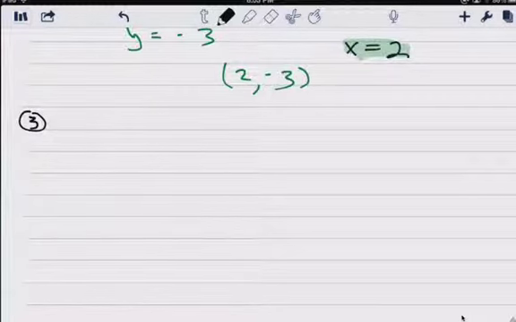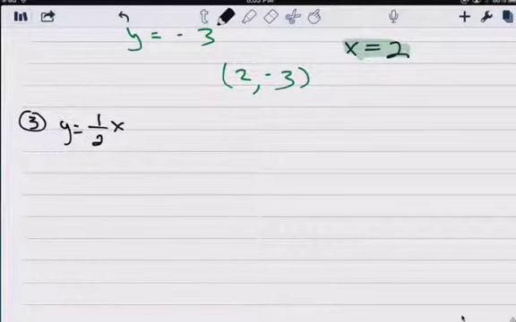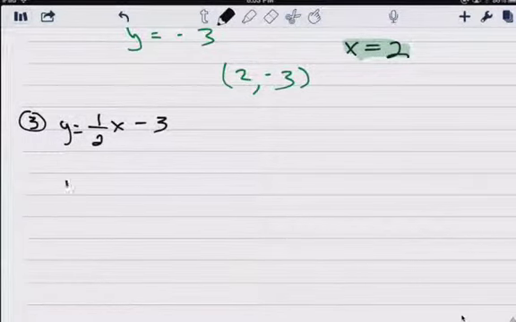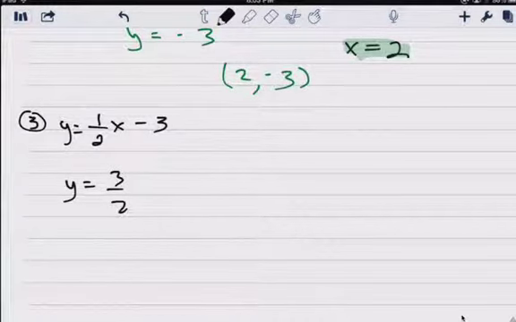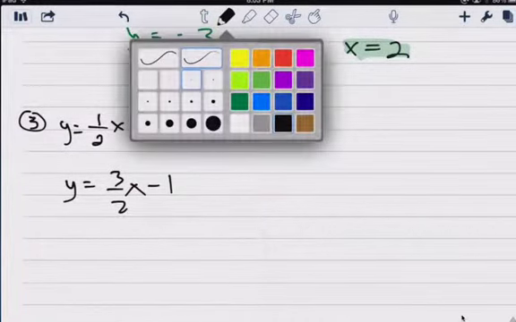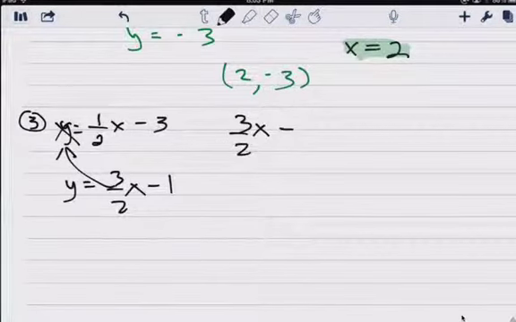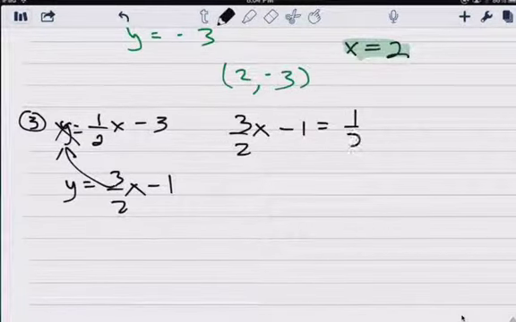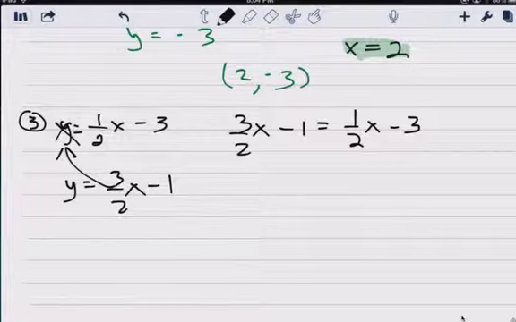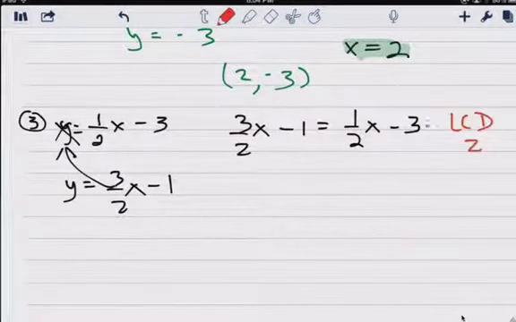Number 3, you've got y equals 1/2 x minus 3, and y equals 3 over 2x minus 1. I'm going to substitute that into there. So I get 3 over 2x minus 1 equals 1 over 2x minus 3. Least common denominator is 2. Multiply all terms by 2.